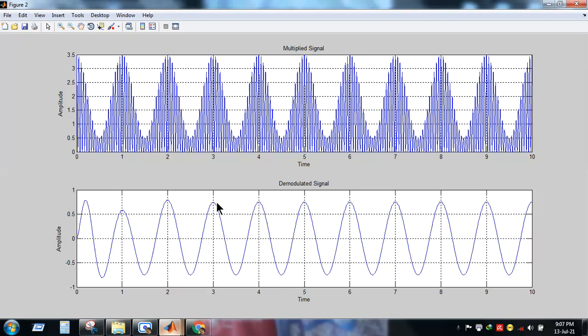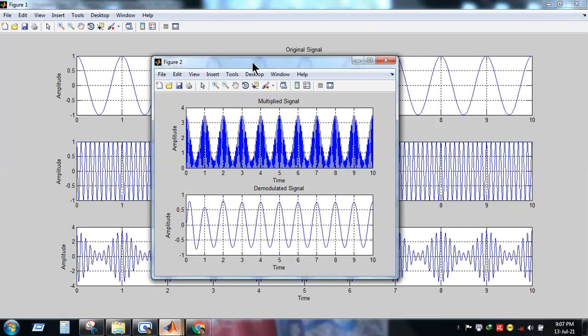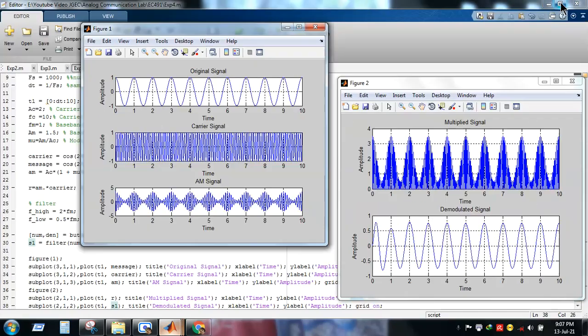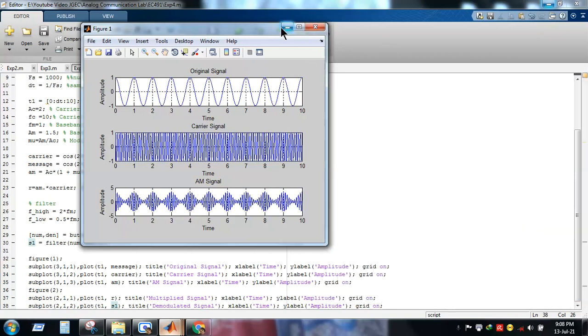That means we actually get the original message signal. The frequency of the original signal and the demodulated signal is the same, so we can say that demodulation can be done with satisfactory accuracy. Clear? So this is the simple approach for the demodulation of DSB-SC signal.